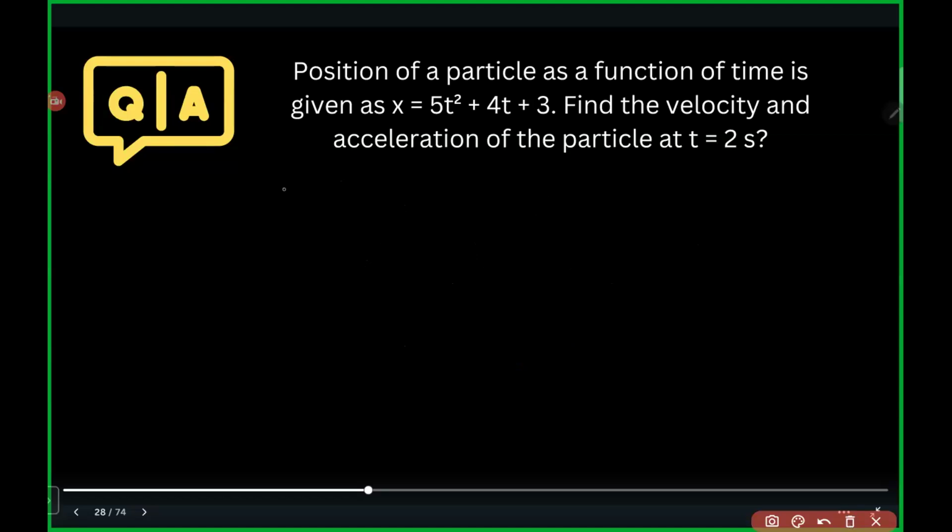Suppose in the same question I ask you, what is the average velocity? Can you tell me this? And the time is the same, t equal to 0 to t equal to 2 seconds. You know the formula, na?